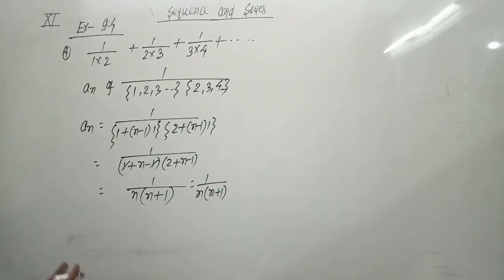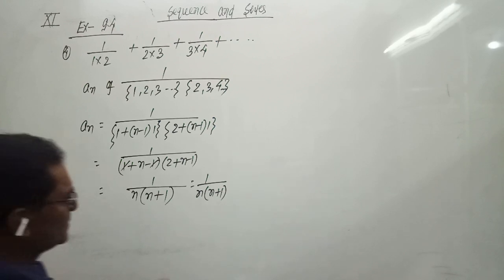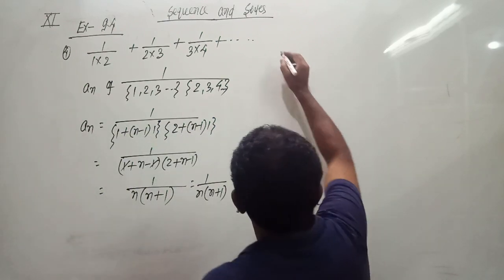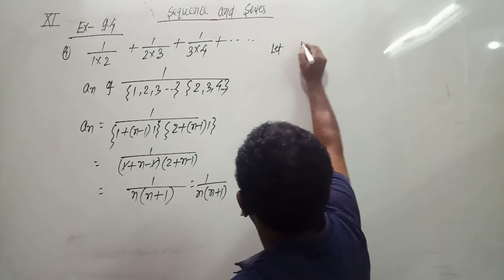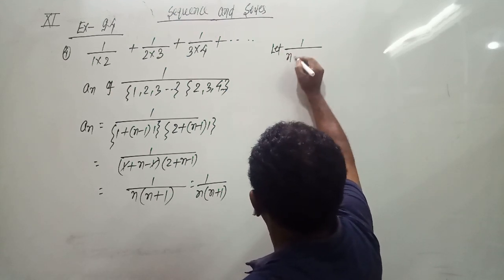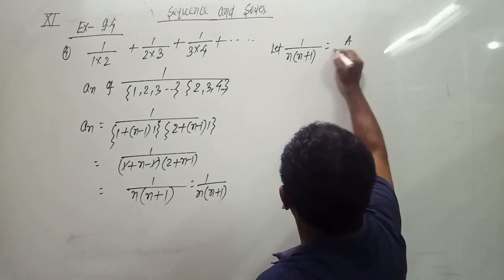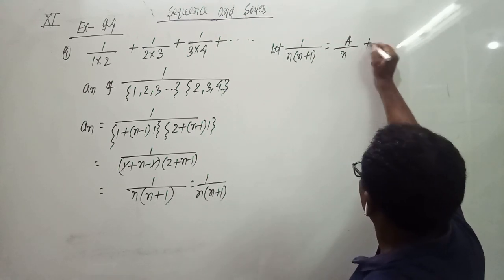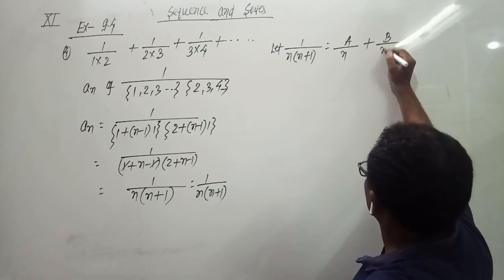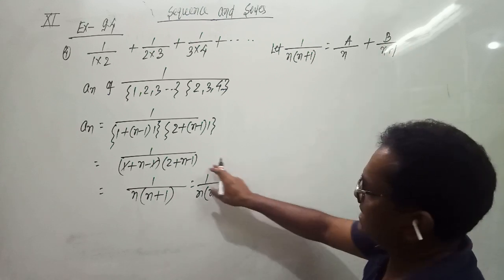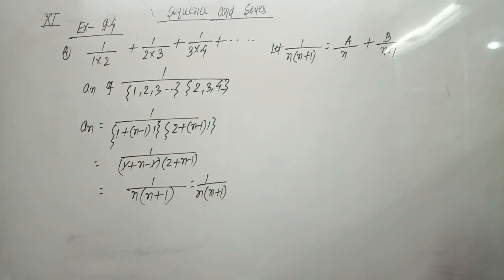Now we will write, let 1 upon n into n plus 1 equal a upon n plus b upon n plus 1. We separate these two terms as a sum or difference.